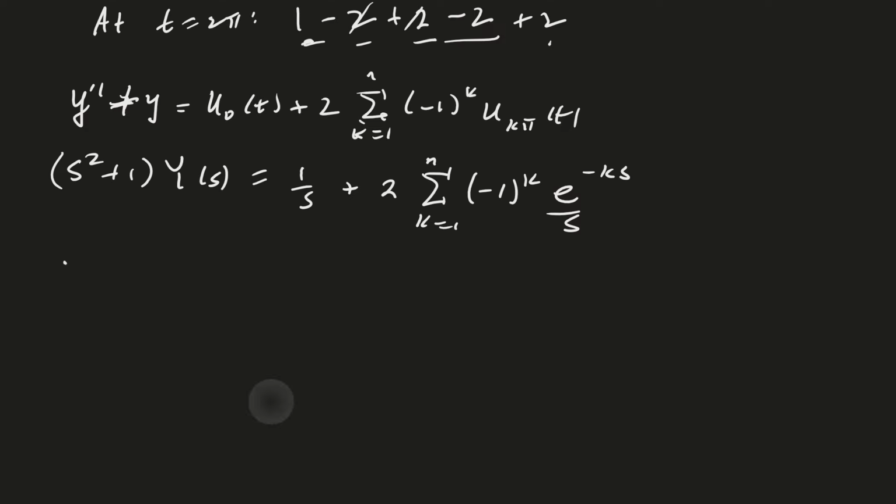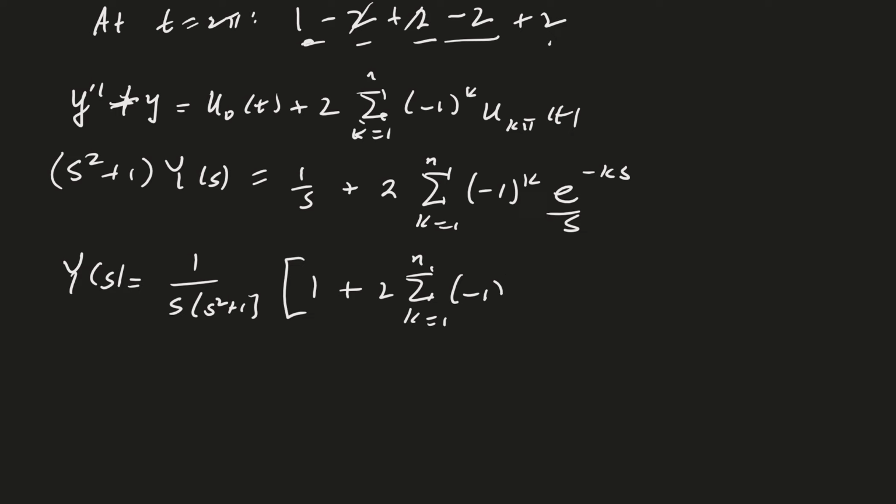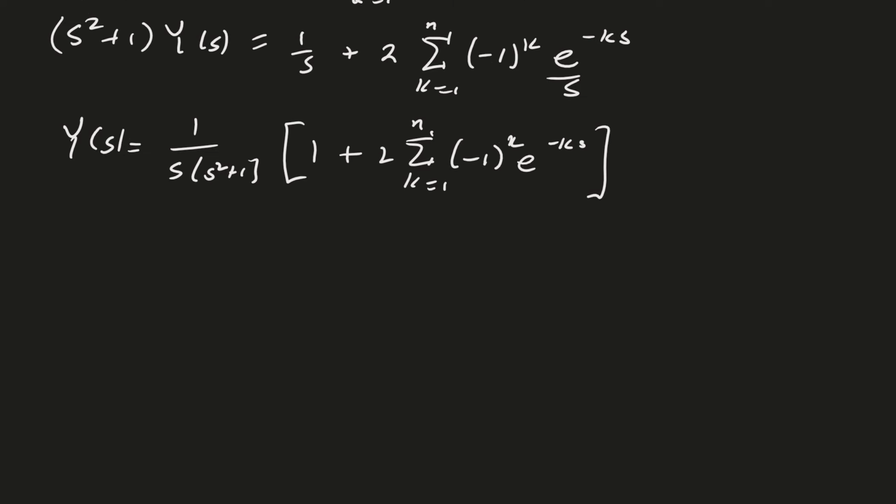Okay, so now let's go to y of s. I'm going to go ahead and factor that 1 over s out. So that's going to be 1 over s times s squared plus 1. And then this will just be 1 plus 2 times the sum k equals 1 to n of minus 1 to the k e to the minus ks. Good. And now this we'll have to solve by using some partial fractions. So here, think of this as your h of s, right?